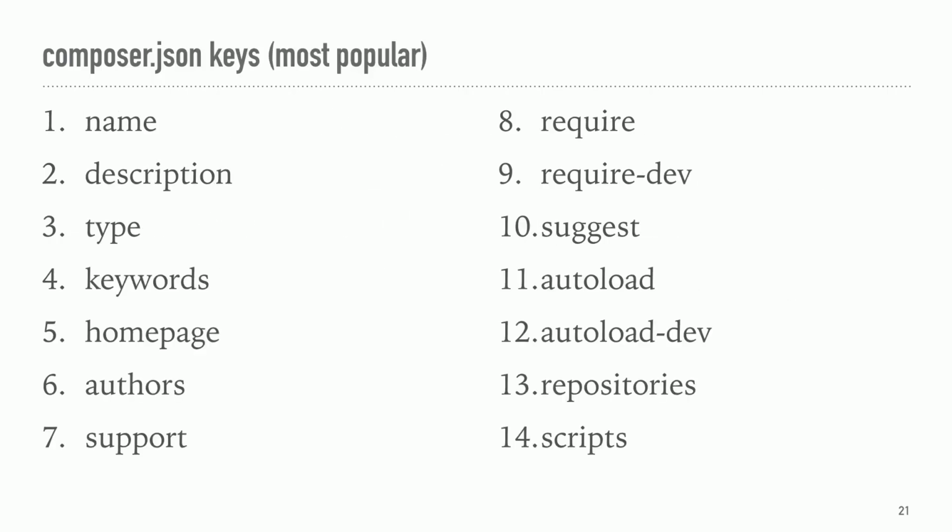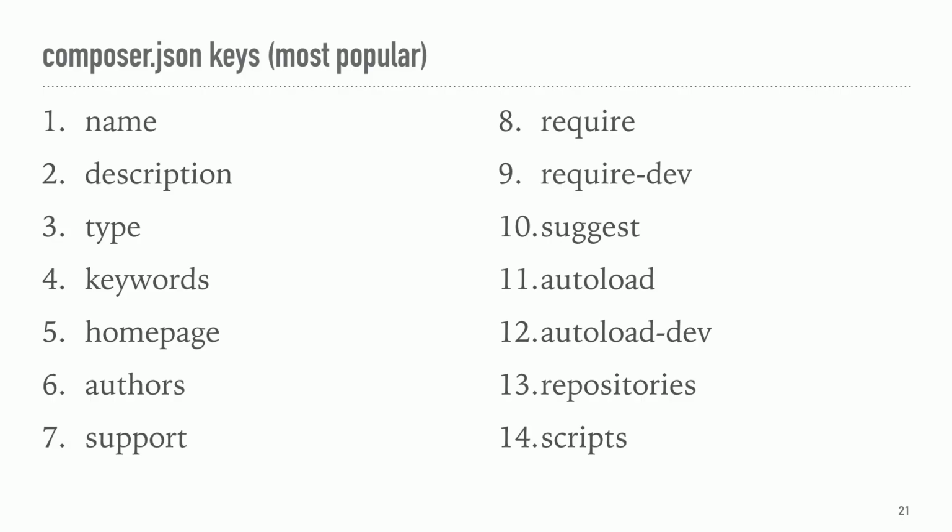So here are the most popular keys for the file. We have the name and the description. That's just so the consumers of your libraries can know exactly what your library is going to do. Type: we have several types, but we are going to be focusing only on the project type, which is like an application, and the library type, which is what we are going to develop here.